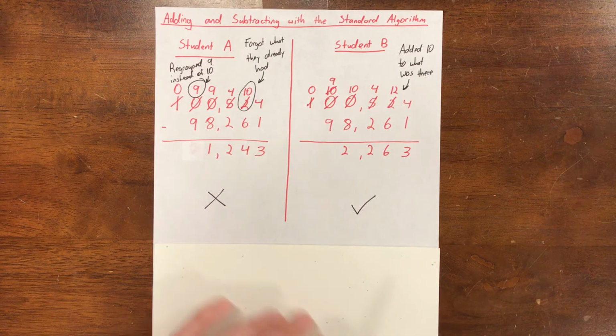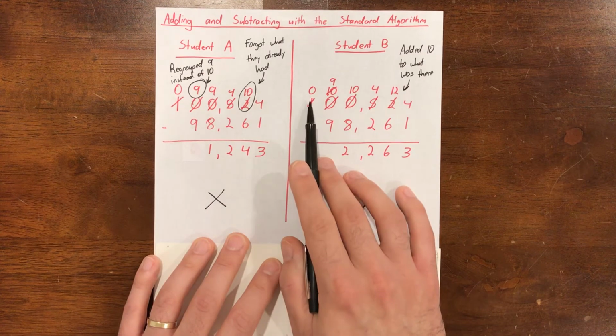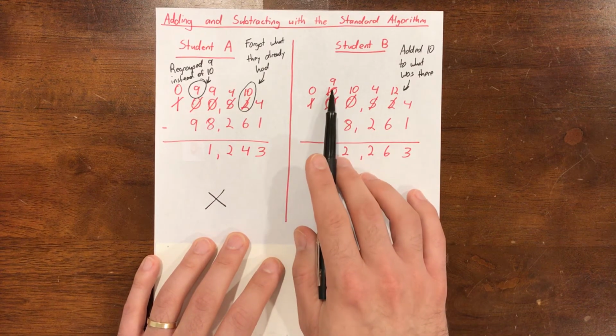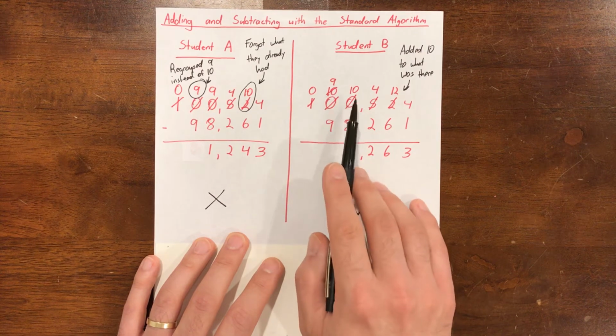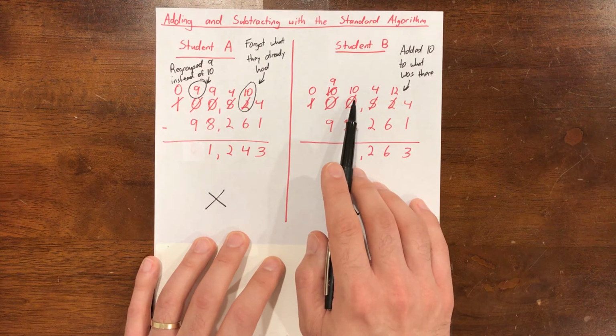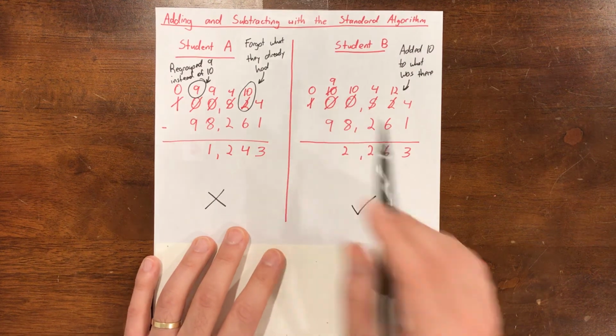Yeah, they regrouped 100,000, right, to become 10 10,000s. Then they regrouped one of those, so they had 9 10,000s left, and they regrouped that 1 10,000 as 10 thousands. We always regroup one of the larger place value to make 10 of the smaller one.